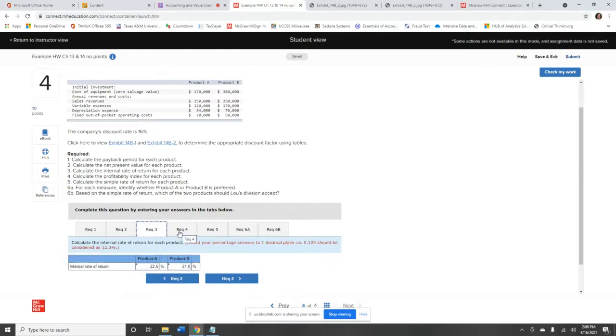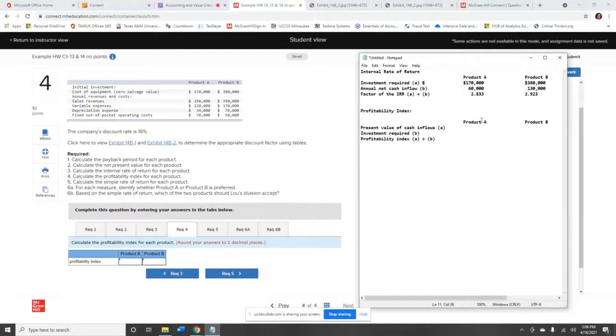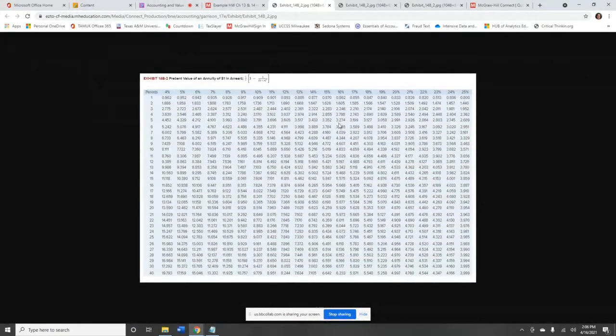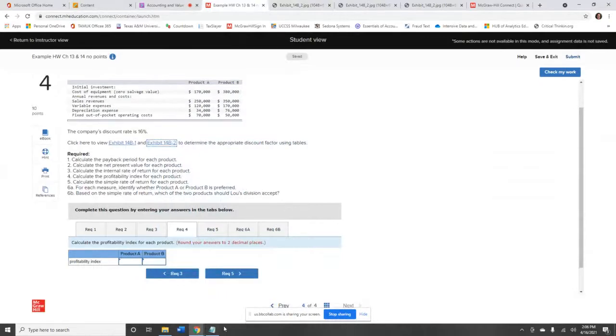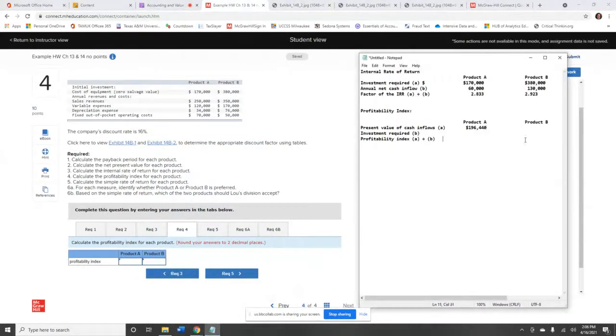The present value of just the cash flows for product A was 196,440. Remember, we took our 60,000 times the factor, 3.274, and the other one was 130,000 times 3.274. So we're talking about the present value of the cash flows, not the net present value.